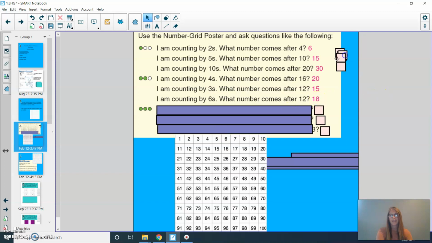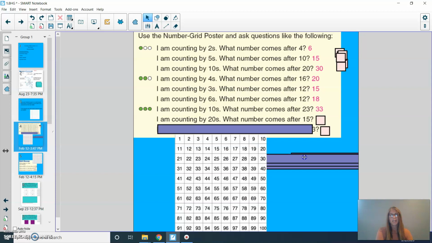You should have 18. I'm counting by 10s. What number comes after 23? I must have started at 3, 13, 23. What comes next? You would say 33. I'm counting by 20s. What number comes after 15?